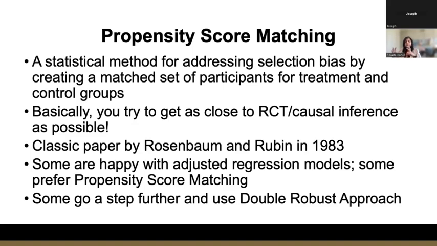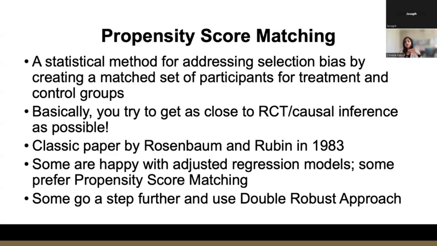Now, what happened is that over the years, this method has gained popularity. But of course, there are certain groups of researchers that are happy with the traditional way of controlling for confounders, or covariates that might be acting as confounders, by using adjusted regression models or multivariable regression models, wherein you control for all the confounders.